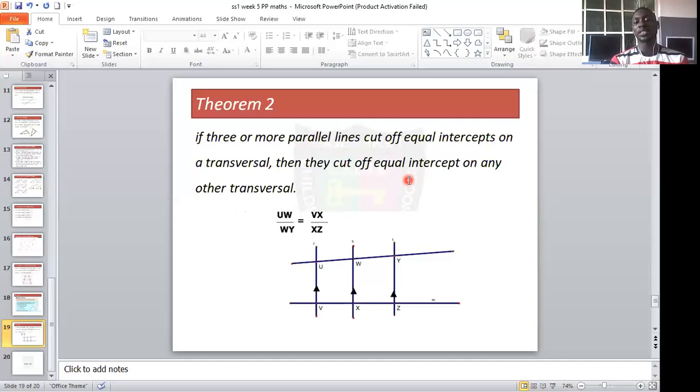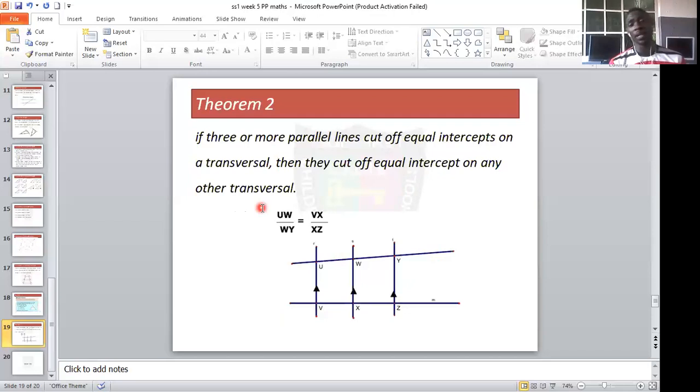So if you want to calculate this, you can easily say this is a theorem which is UW over WY is equal to VX over XZ. If this is given as, let's say, 2, this is given as 4, this is given as 6, you can easily find XZ following this theorem.